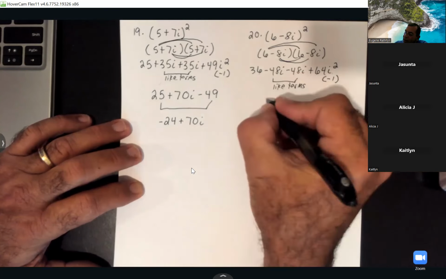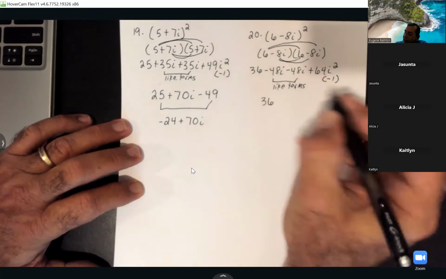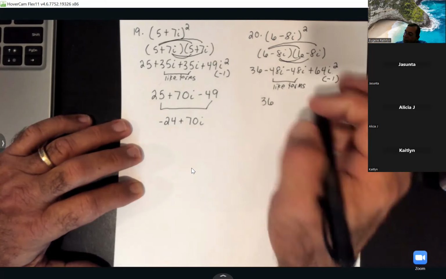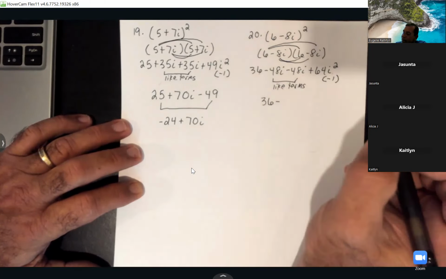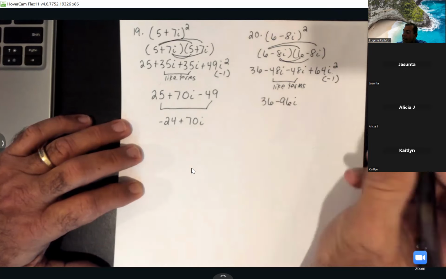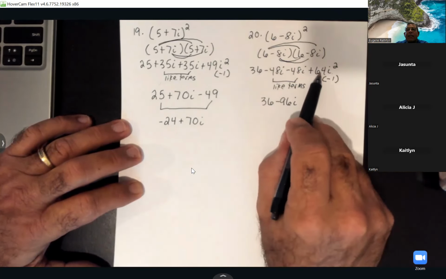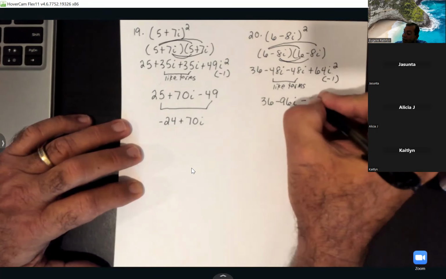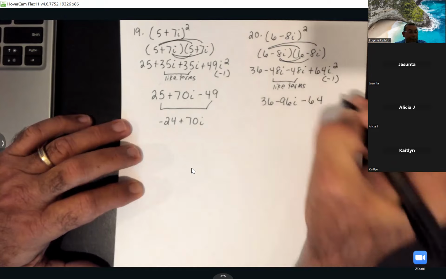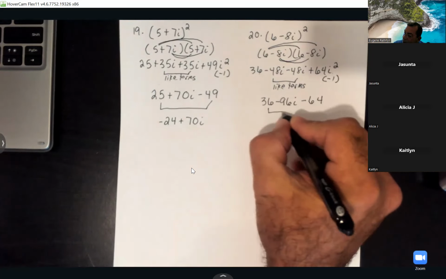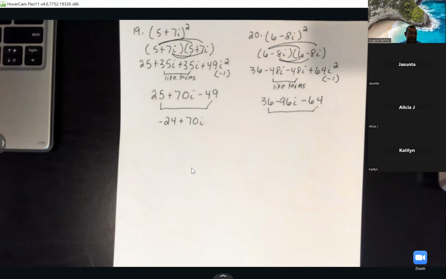So bring down that 36. Ooh, let's see what I got here. Negative 48 and a negative 48 is what, a negative, what's that? 96i. This positive 64 times negative 1 makes that a negative 64. All right, y'all. So now I got to figure out what is 36 minus 64 equal.